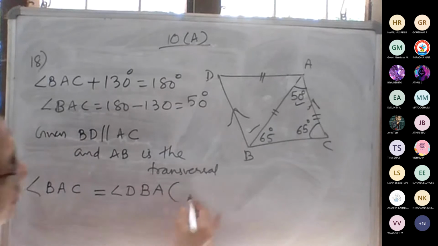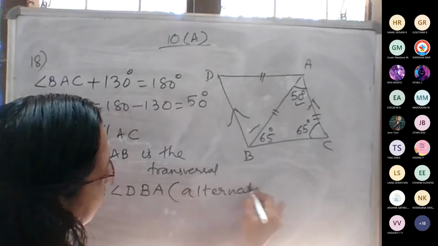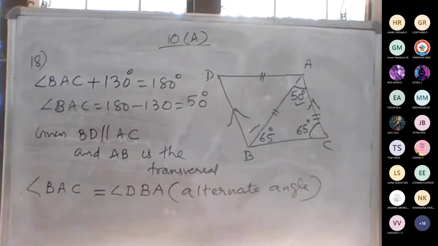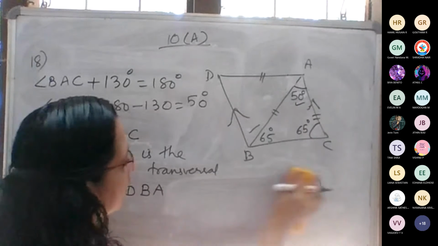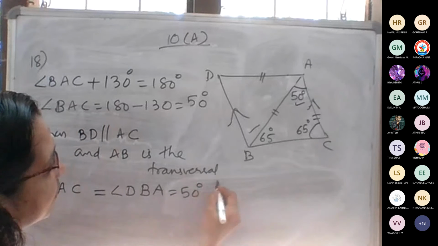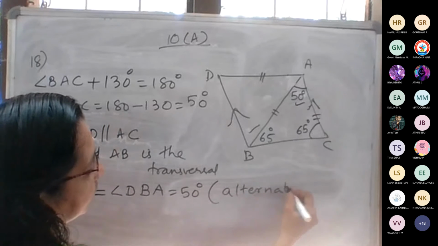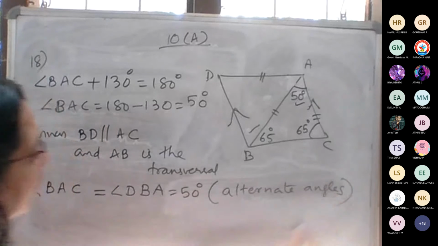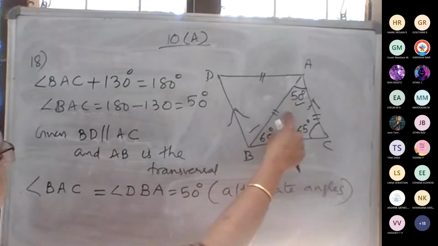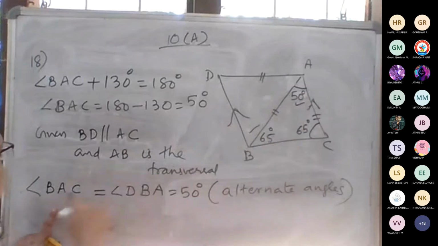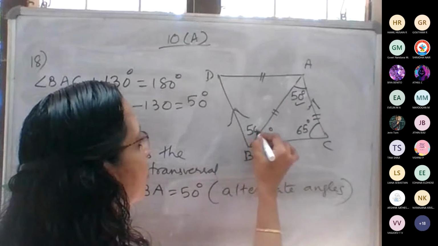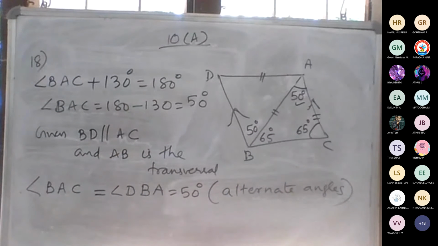Understood? Concept of alternate angles. Why? Because angle BAC is 50 degree, so angle DBA is also 50 degree. This also we got as 50 degree using the concept of alternate angles.